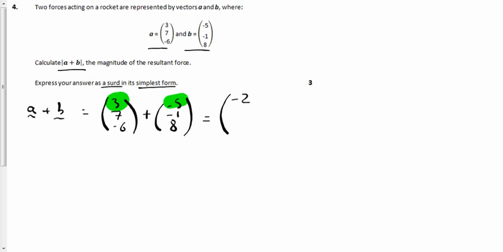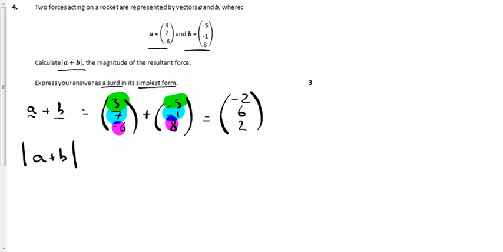Second component, 7 and the minus 1. So just taking care with those, 7 plus minus 1 would be 6. And third component, on down the bottom, minus 6, positive 8, positive 2. So no different from dealing with a 2D vector.